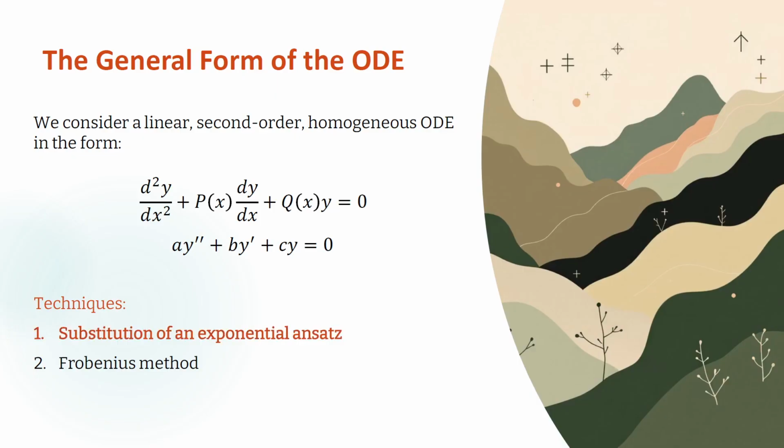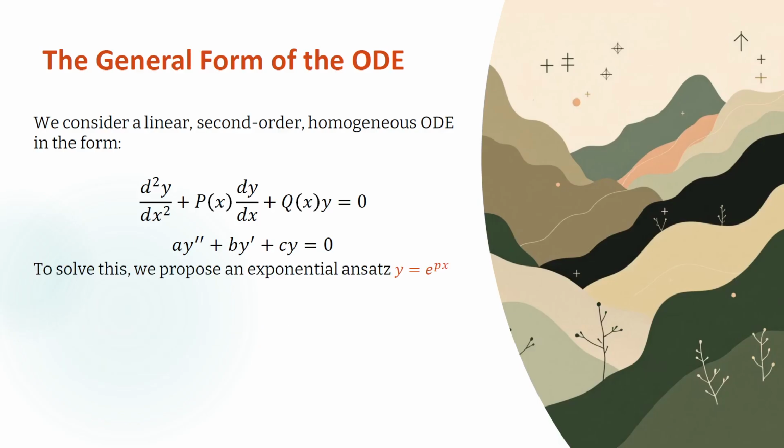But in this first video, I will be discussing just the method of substituting an exponential ansatz. To solve this ordinary differential equation, we propose an exponential ansatz of the form y is equal to e to the px.